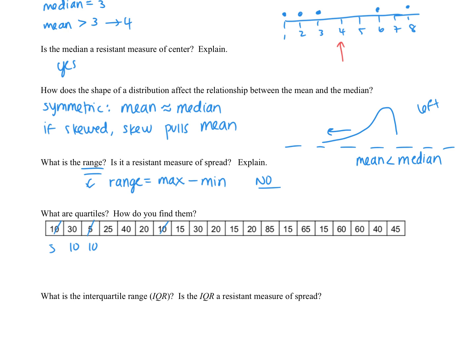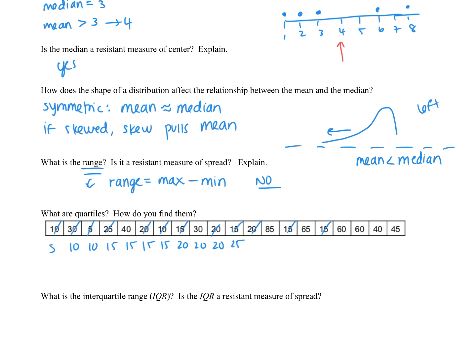Okay. So then we have 15, 15, 15, 15. So 4 15s. And then 20, 20, 20. Am I good so far? Yeah, thank you guys for following me. Okay, 25.